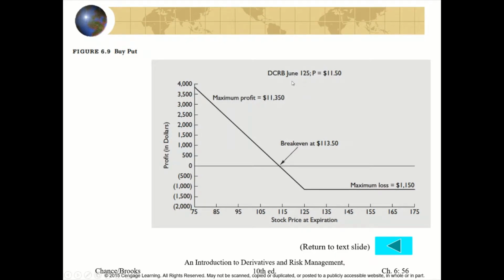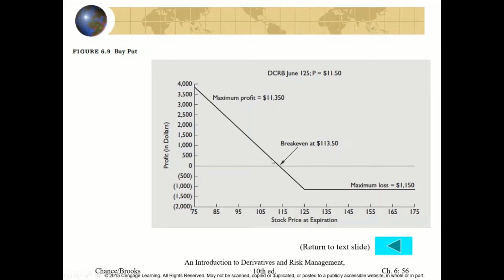So if I exercise, I will receive 125 minus 0, assuming that the price went to 0, and I paid 11.50. So the maximum profit is 11,350. Why 11,350? Because we are dealing with options that are traded in organized exchanges, which means we need to enter into 100 put options.